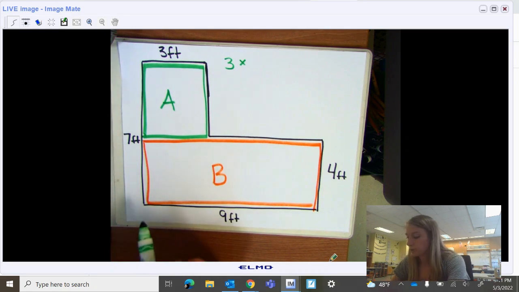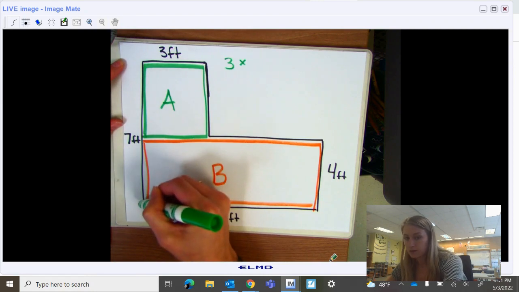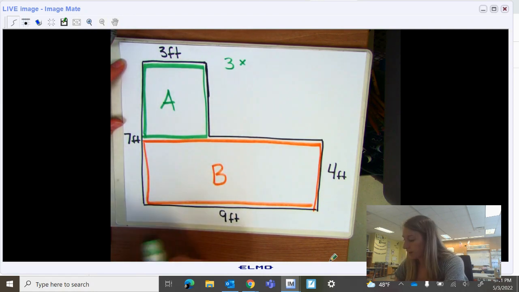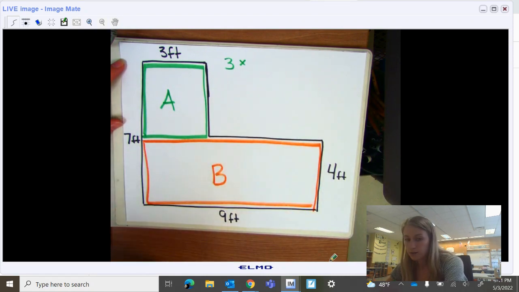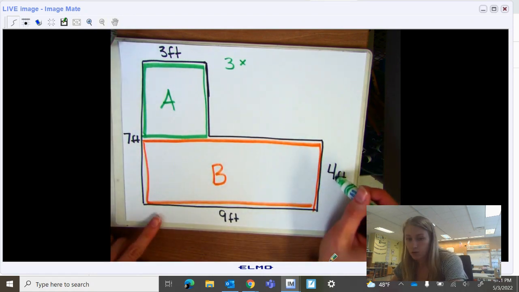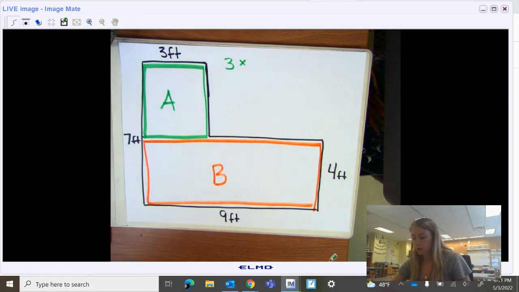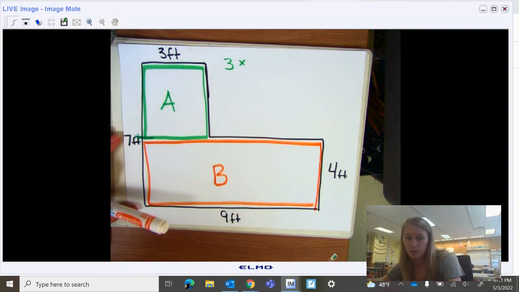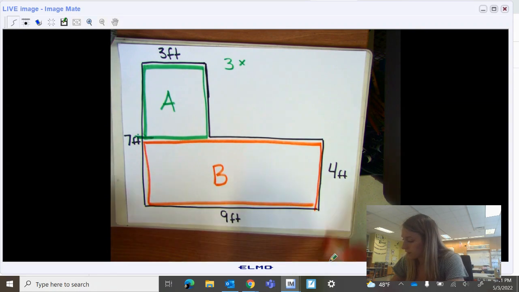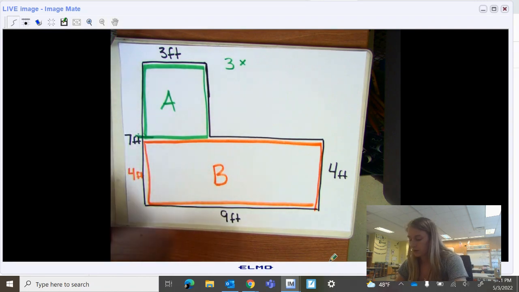So that's where you have to use some reasoning skills. What we do know is that this whole length right here is 7. And that this orange rectangle that I'm about to break apart means that if this is 4 over here, then this piece is also 4. So what I need to think of is I'm breaking this side length up. If this is 4 over here, then that means this is 4 feet over here.